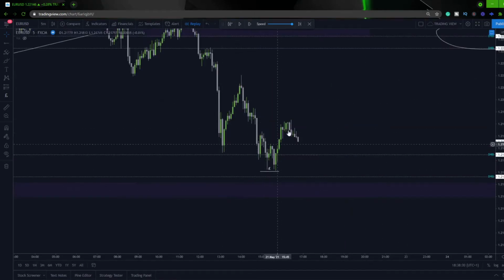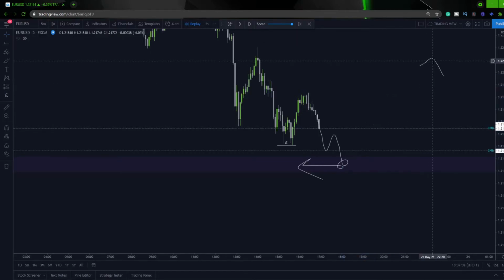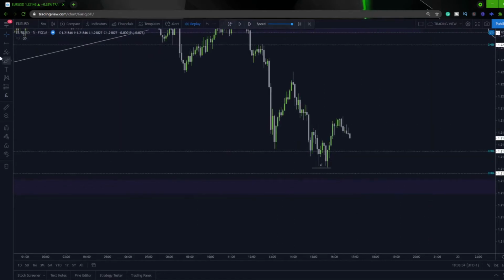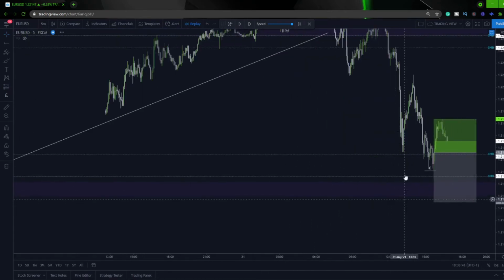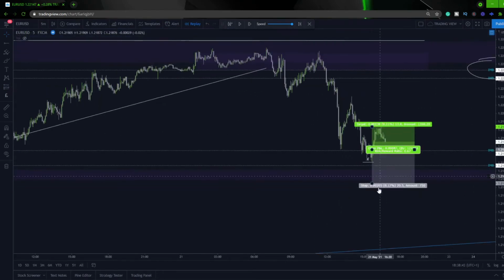As price is moving down into my zone, I know what I'm looking for when price enters my areas. You could already take a position here, with stops below this order block. Obviously it's not ideal, as we know there's an order block below that.